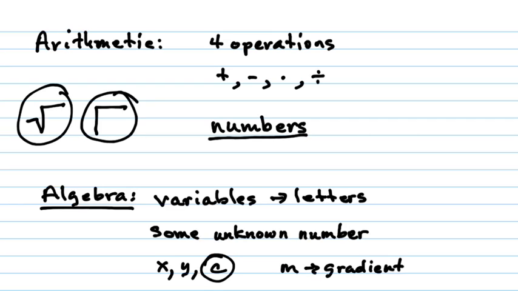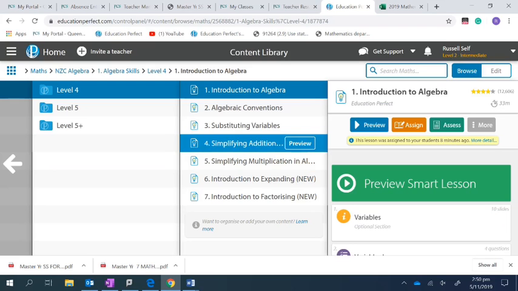It just means that later it might get confusing if you do. So what we're going to do is run through this Education Perfect exercise again, to remind you about the variables and to strengthen your idea of what algebraic expressions look like. And then we'll go from there, and you'll use the rest of the term to build the algebraic system.